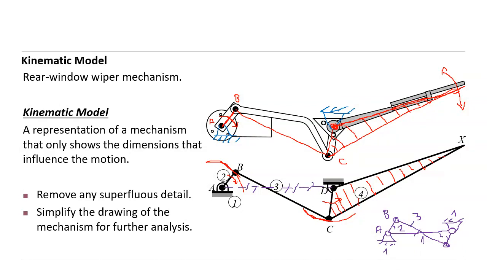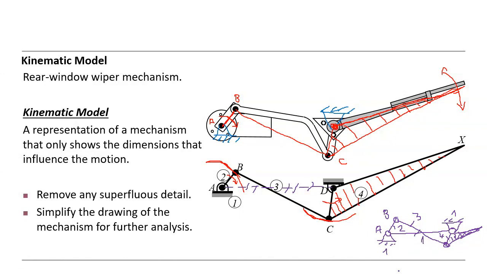And the member 4 is shaped like a triangle, because of the car wiper. But this is one member. The shape could be somehow different. This is one solid, one member.